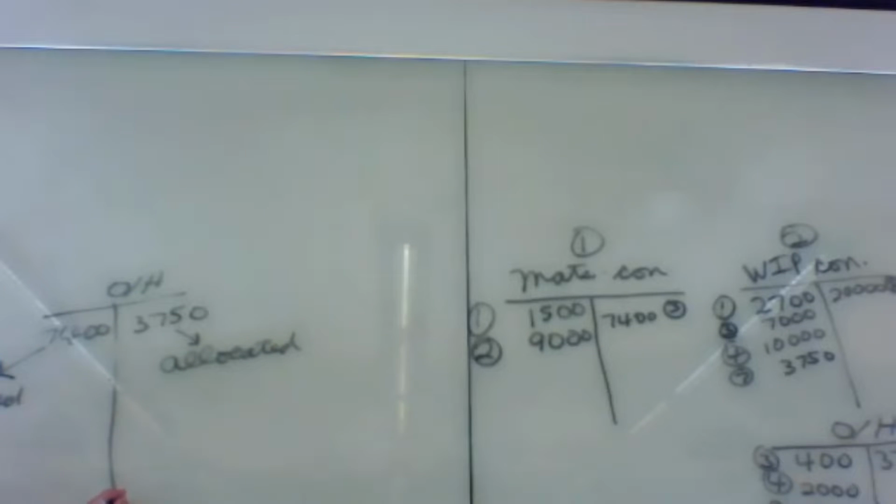Ideally they should have been equal, but they aren't. As it turns out, we have a balance here of 3,650 debit. We did not allocate enough, so we say it's been underallocated.